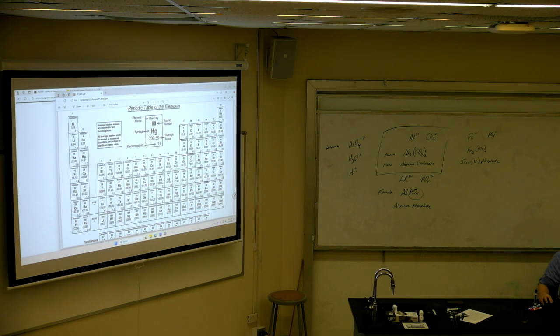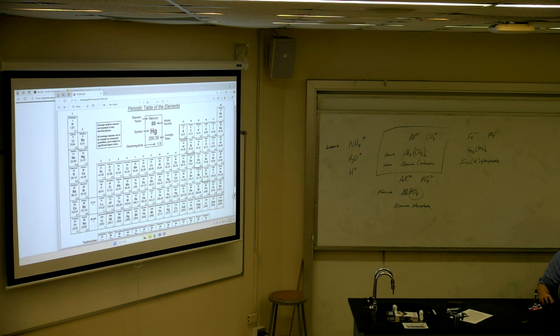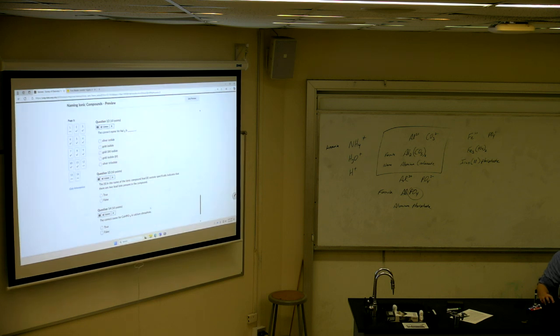Here's iodine, so what's its charge? -1. And if there's 3 of them, I don't know why there's a space here, but if there's 3 of them, that means there's a total of 3 negative charges there. That means the gold has to have 3 plus charge. So gold 3 iodide.